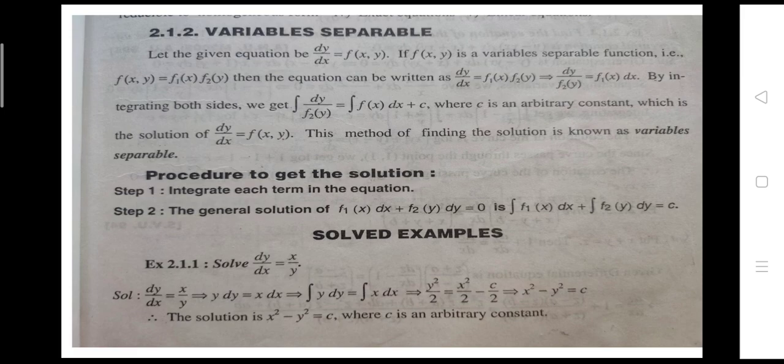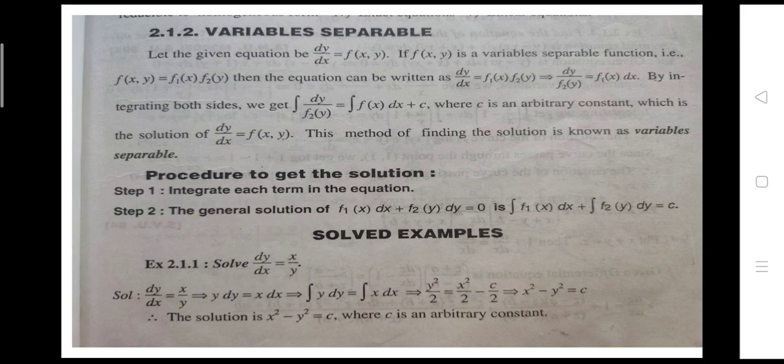By integrating both sides, we get integral of dy by f2y is equal to integral of f1x dx plus c, where c is an arbitrary constant, which is the solution of dy by dx is equal to f of x comma y. And this method of finding the solution is known as the variable separable method.